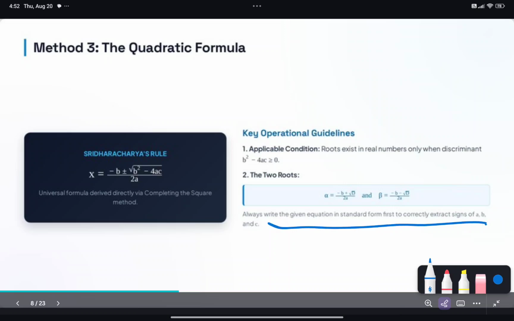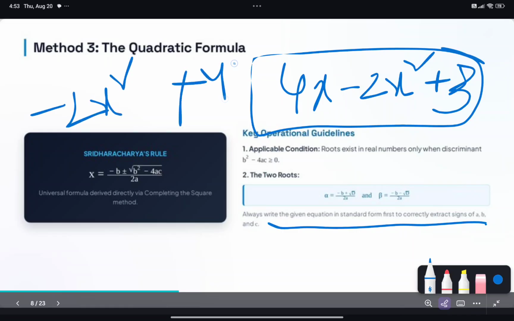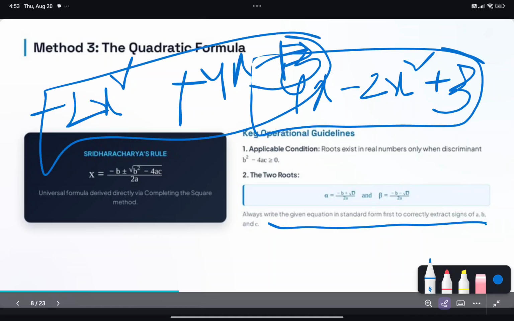Sometimes it is 4x minus 2x square plus 3. This is not in standard form. You have to write minus 2x square plus 4x plus 3. Clear? Here a is minus, b is plus, and c is also plus.